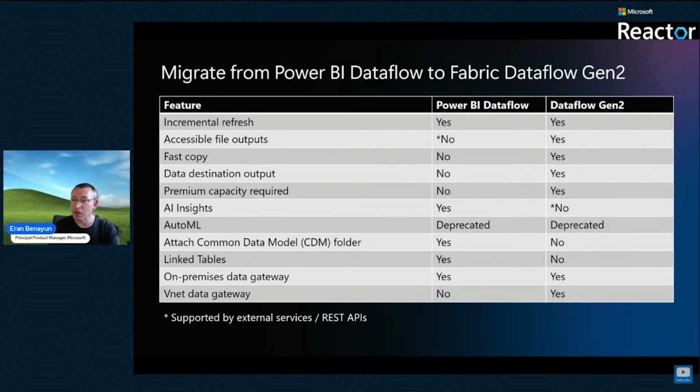There may be a couple of exceptions of older features that are deprecating or recently deprecated within Power BI Dataflows, but there are also a number of net new capabilities, such as the VNet data gateways, output destinations, fast copy, and many more. So going forward, you can expect us to further innovate and enhance the Dataflows Gen2 capabilities.